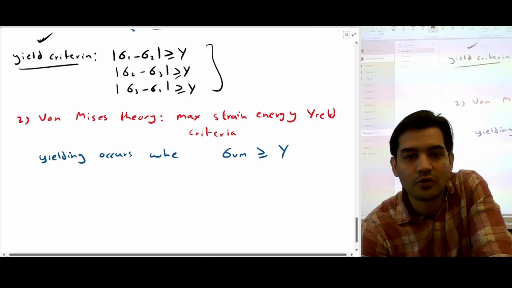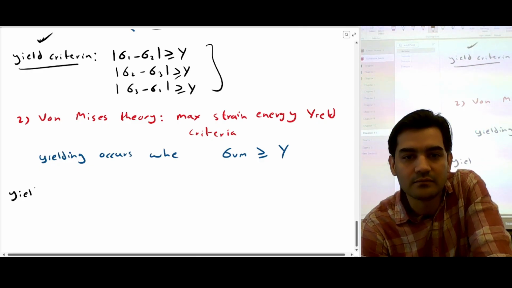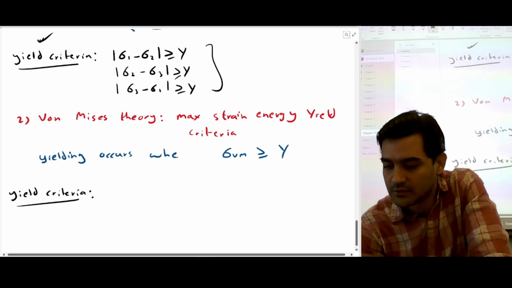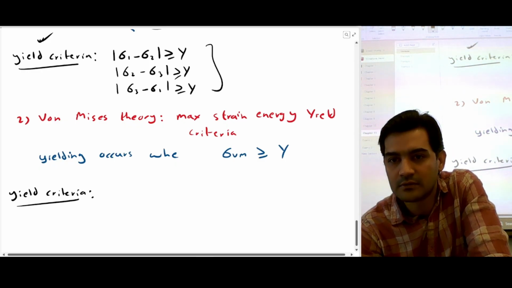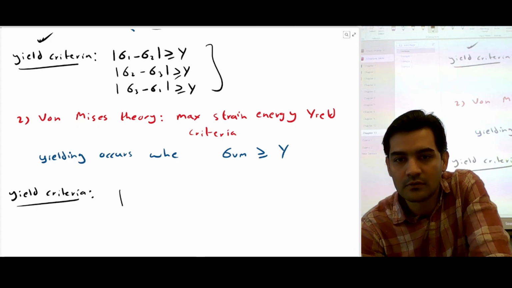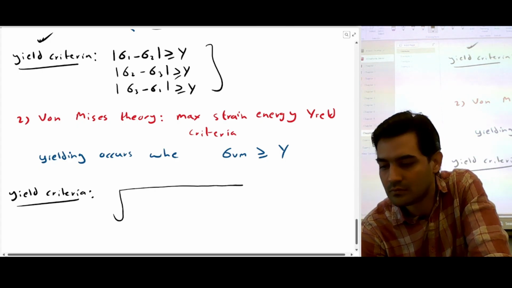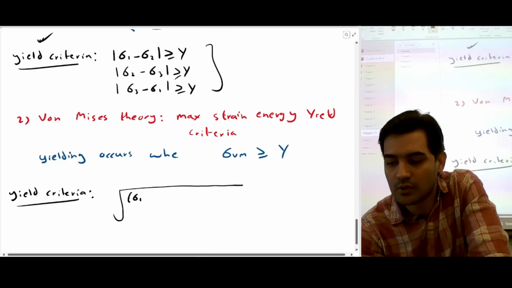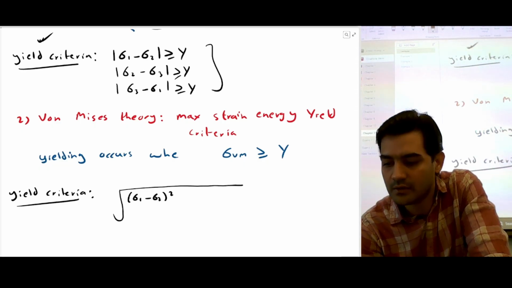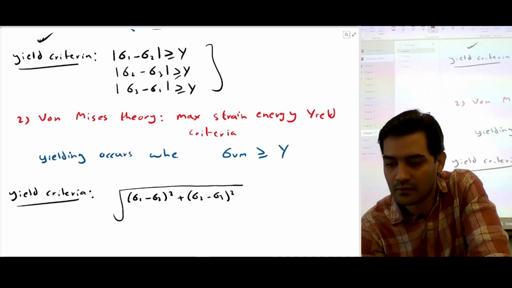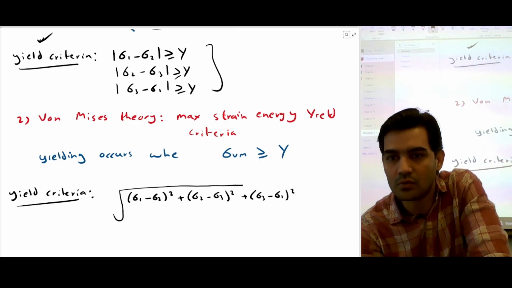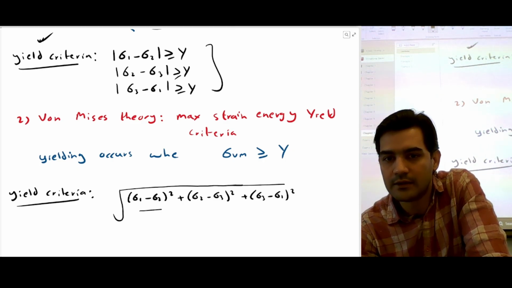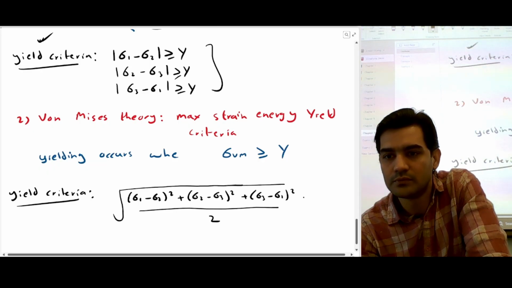So all you have to remember is this yield criteria, which is stress 1 minus stress 2 whole square plus stress 2 minus stress 3 whole square plus stress 3 minus stress 1 whole square, divided by 2.